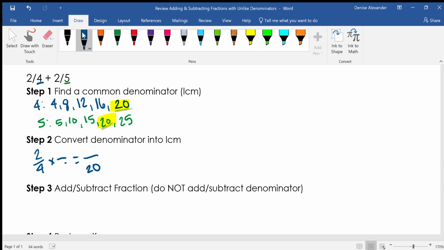You're right, it is 5. And then what I do to the bottom, I do to the top, you guys. So I go 2 times 5, 10. So now that I've got that, I'm going to go ahead and write it right here because this is where we're going to add, because right up here I have addition.